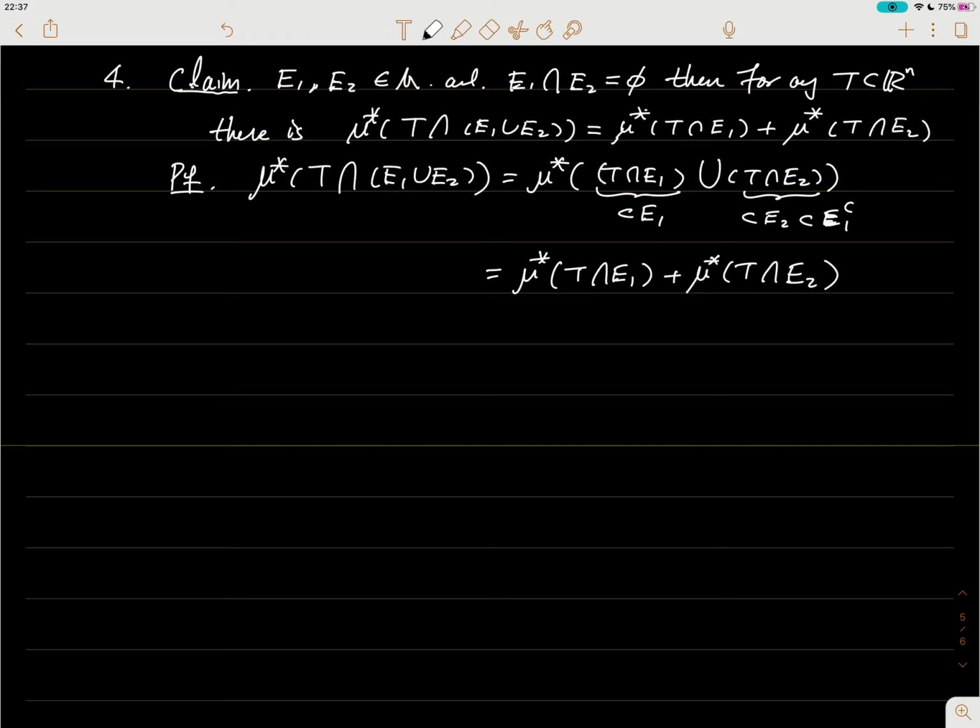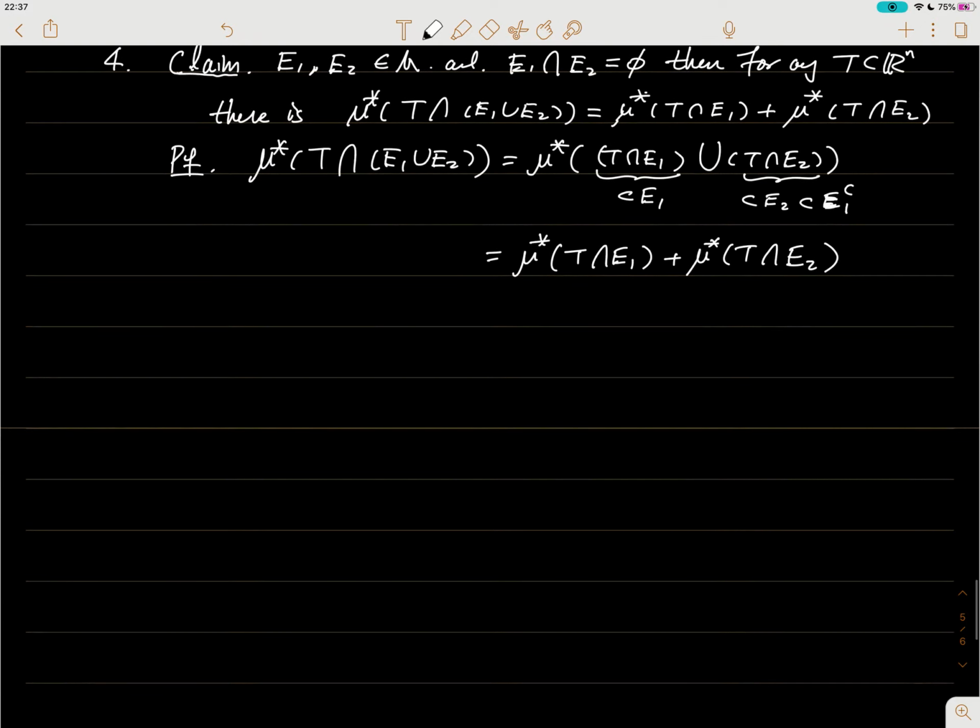Okay, so that's how we proved this claim. And this claim can be extended to more than two sets. Suppose I have E1 through EK, they're all measurable sets, and Ei and Ej do not overlap for any i different from j.